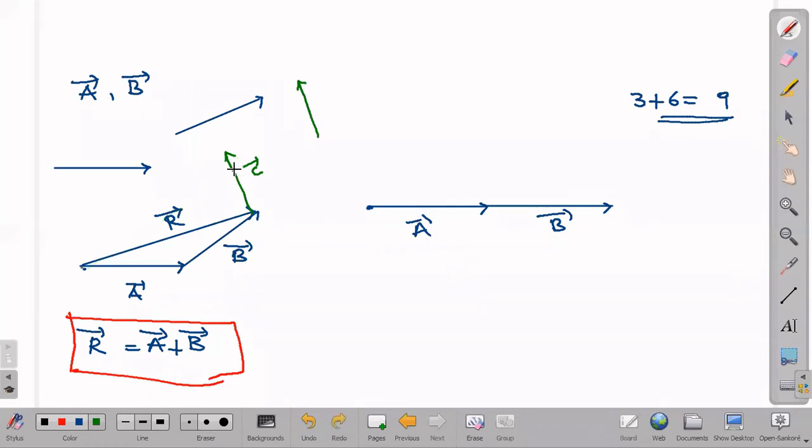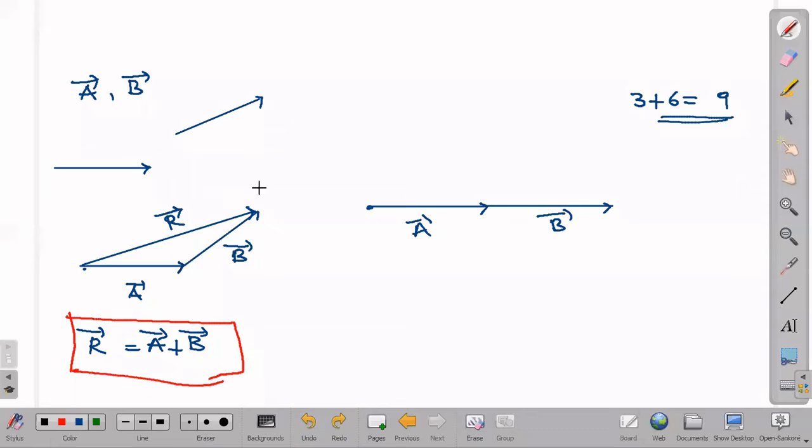So up to here it will come, from here to here, as a straight line. Right? So that is how we add vectors. Now, any number of vectors can be added with this general method. I just gave an example with two vectors.